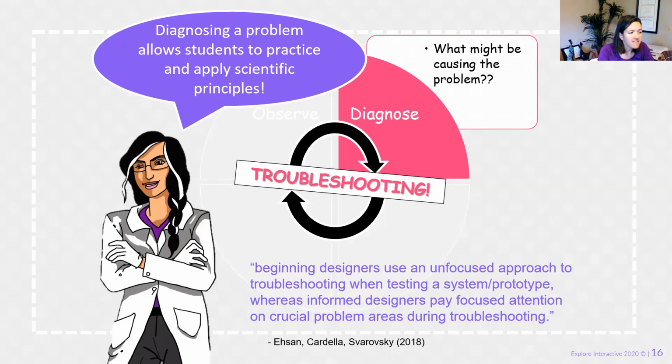So it's developing in students the ability to make principled decisions. So what do I change? What do I do to my system to make it achieve the goal I want to? So beginning designers, they say, use an unfocused approach, whereas informed or more practiced designers pay attention to crucial problem areas during this troubleshooting process. So it's a really great skill to equip your students with.